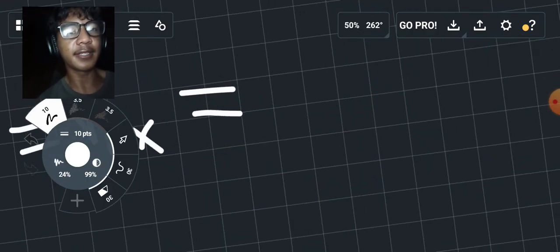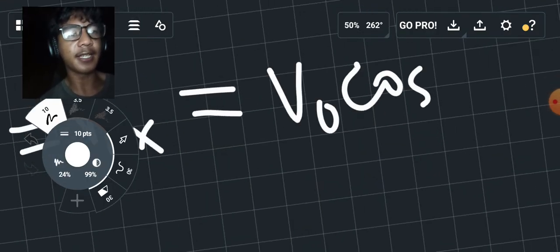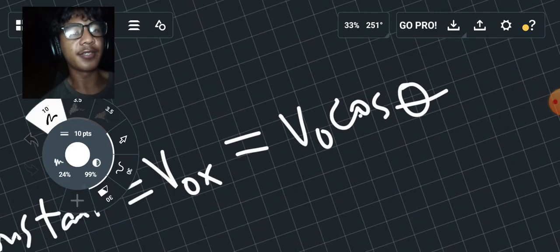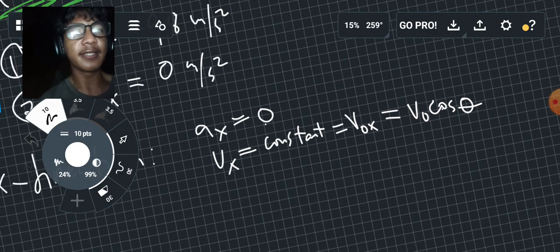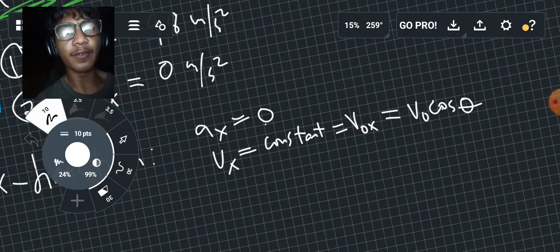So that is v naught cosine theta. So what this means is that the x velocity throughout the whole motion is just the x component of the initial velocity. Okay, so I hope that makes sense.